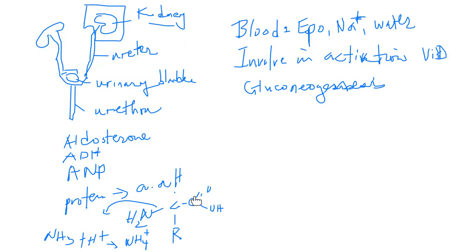But from this breakdown, removing the amine group from glutamine, if you ever see that, it becomes alpha ketoglutarate. Anyway, the carbon source that you break down from amino acids can be used to make glucose as part of gluconeogenesis.